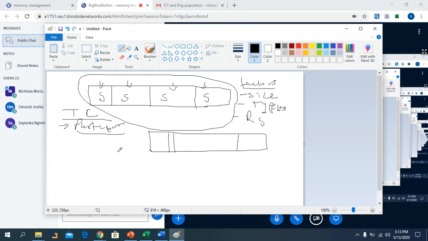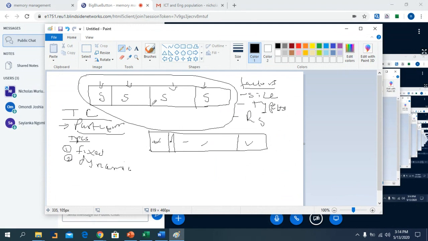We create divisions, and when you create these divisions, you can see this division is not equal to this one, and this division is not equal to this one. So it forms two types. One of the types is fixed memory allocation, and the next one is dynamic memory allocation.